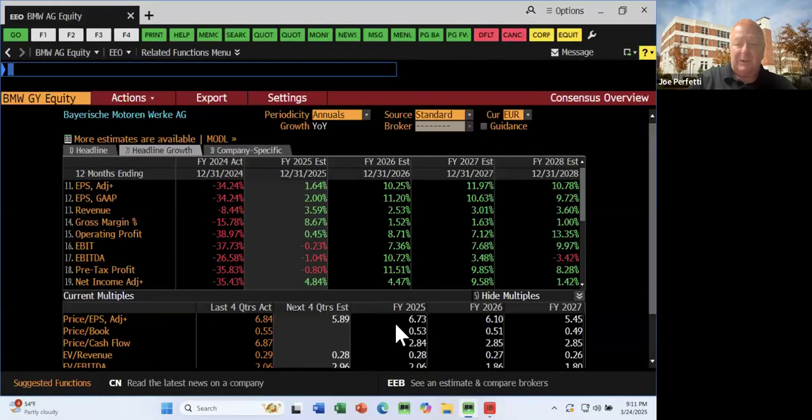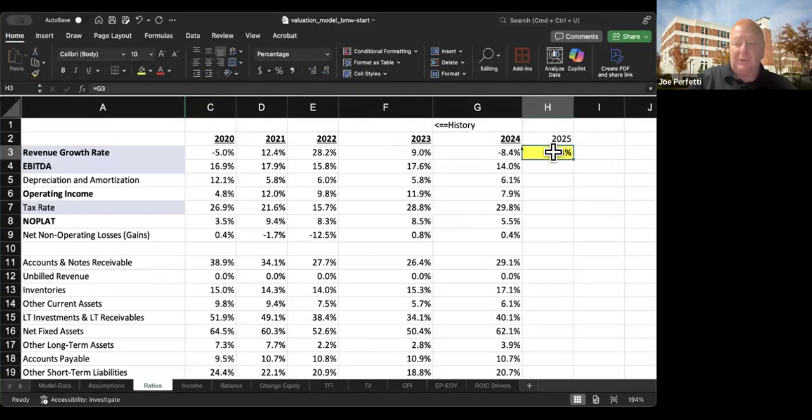That's the current forecast. So what we would do in our model, go back to Excel, is for 2025, I put in 3.59%.